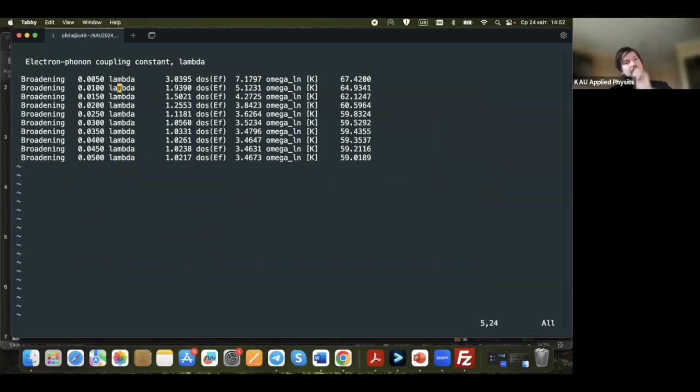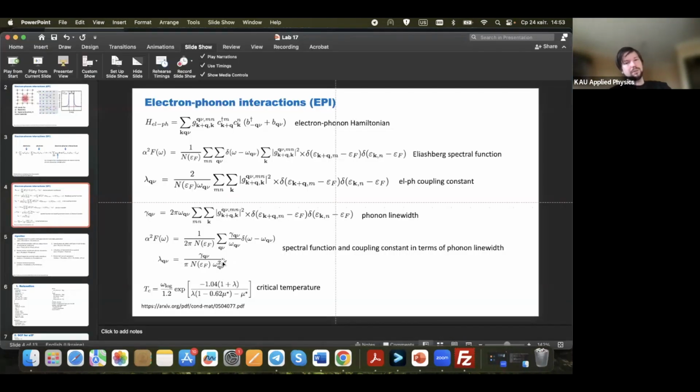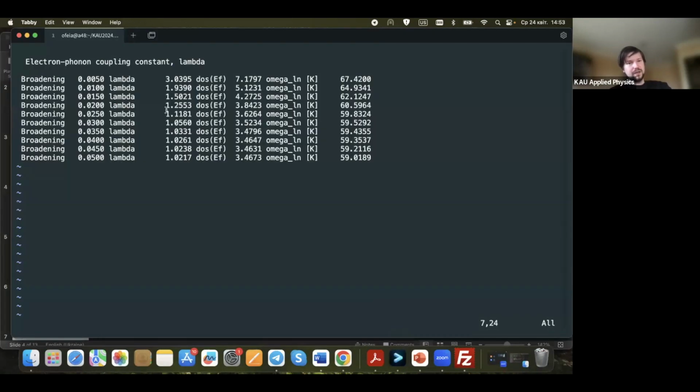We have this lambda parameter, the lambda parameter for the spectral function. Because we have the spectral function, we have lambda, the strength of electron-phonon coupling. Then we have the density of states at the Fermi level.